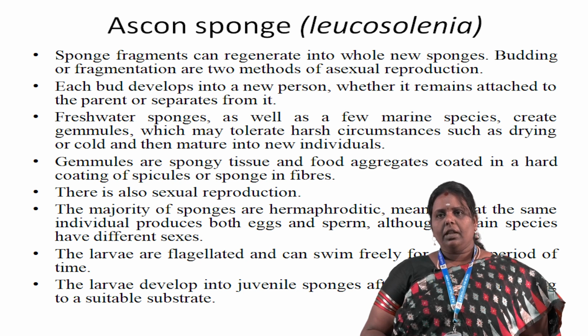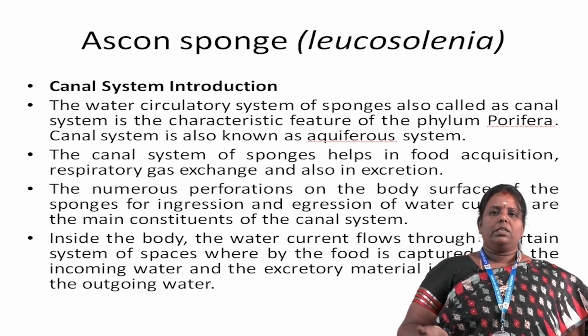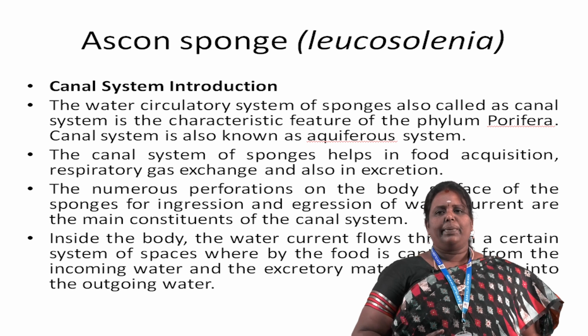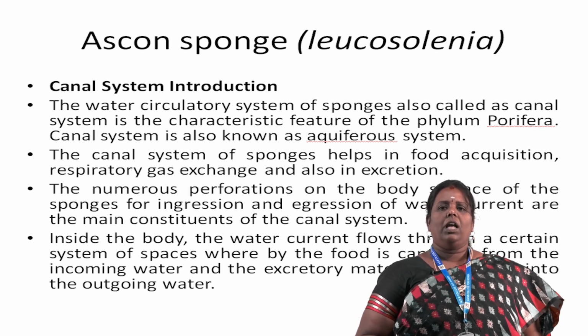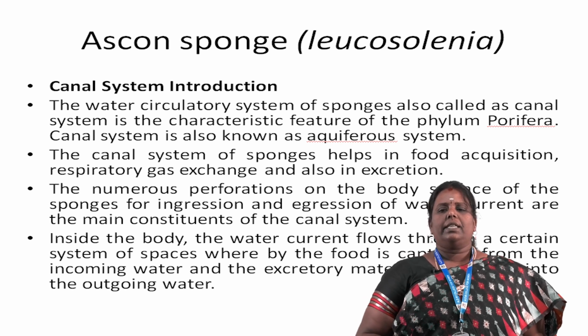Next, canal system. I already told you about the canal system, that is the circulatory system in sponges. The canal system brings water into the porifera and helps with respiration, the exchange of gases, and excretion. Already I told you there is no separate respiratory system.